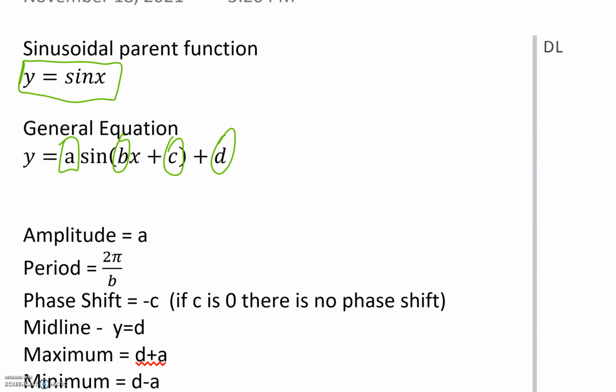Basically, these four numbers are transformations of the parent function. It's just the same as when we did it for logarithmic functions, exponential functions, and polynomials, where we had a parent function.